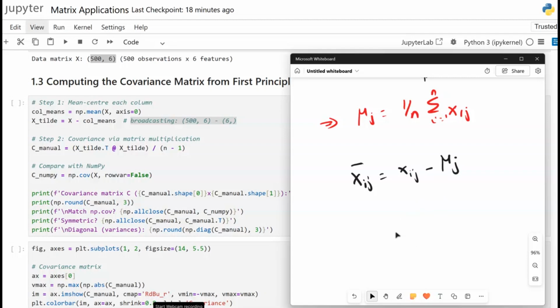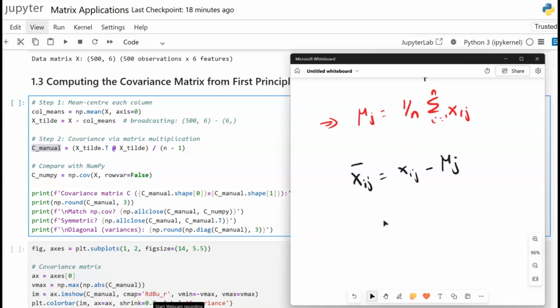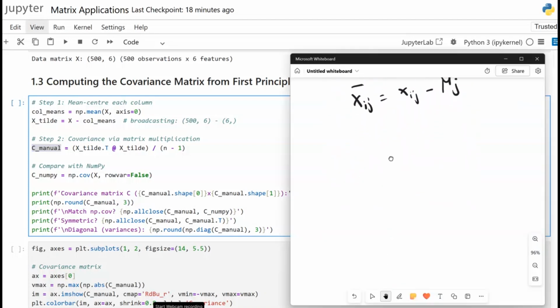Okay, now next let me define the manual covariance matrix. This was the exact equation which we have already discussed. So here C manual equals 1 by n minus 1, x tilde transpose multiplied by x tilde. So that is what is given here. Dear friends, this is the exact standard sample covariance formula.